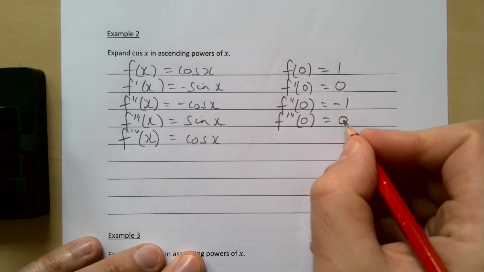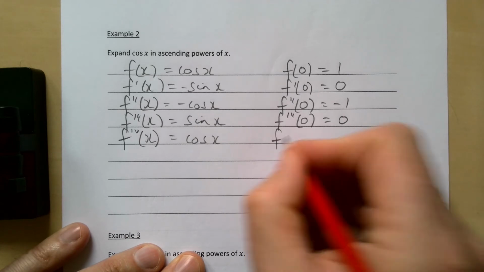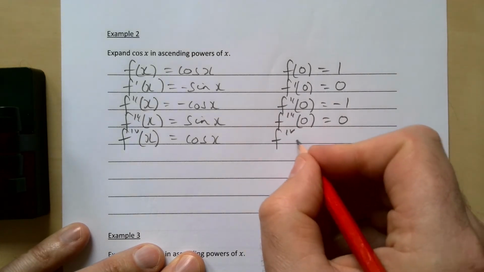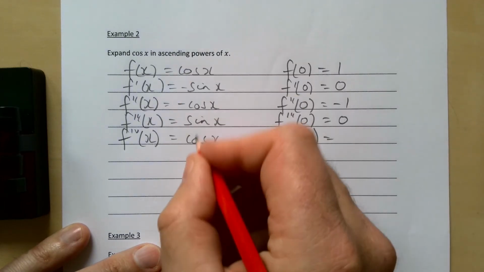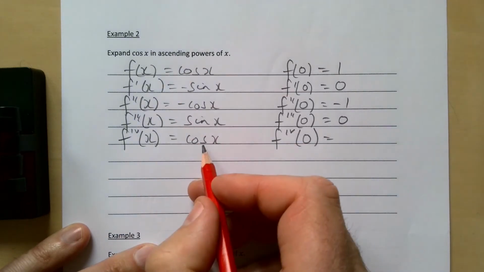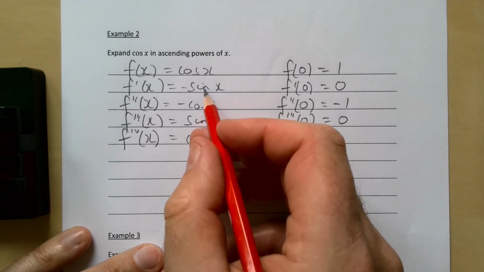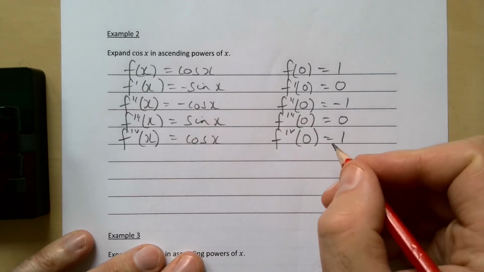Sin of 0 gives us 0. And then we're back to the start again with cos. This starts to repeat itself obviously after 4. If we differentiate again, then we get minus sin and minus cos and so on.